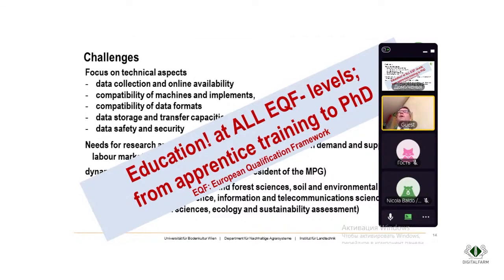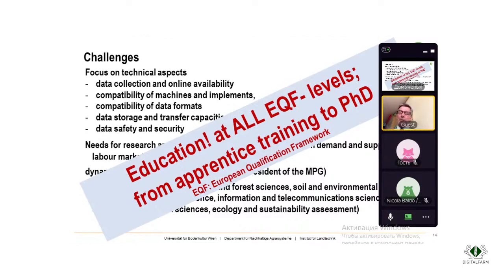And if I have a look at the work I'm doing at the university with the students on the one hand, or on education of farmers, we have a big lack in education. That means that we need education on the European nomenclature, the so-called European Qualification Framework, EQF levels.